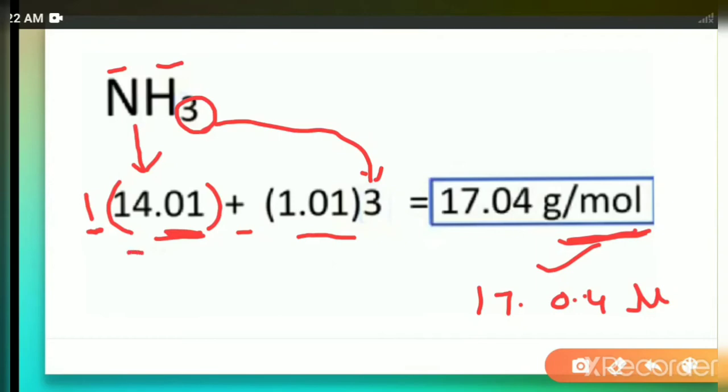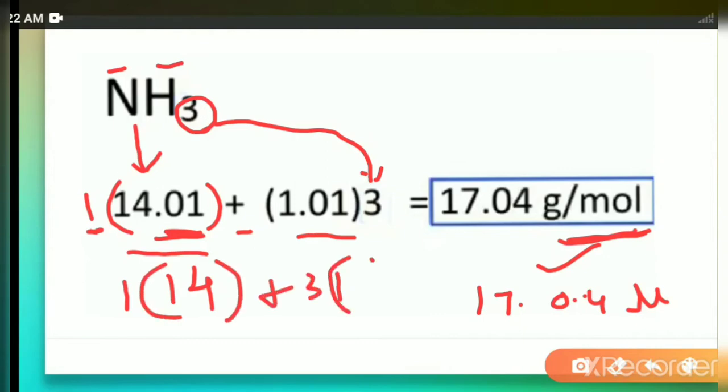In the case of nitrogen, instead of 14.01 we can take 14, and instead of 1.01 we can take 1. So 1 into 14 plus 3 into 1 equals 17. So 17 U is the approximate value of the molecular mass for ammonia.